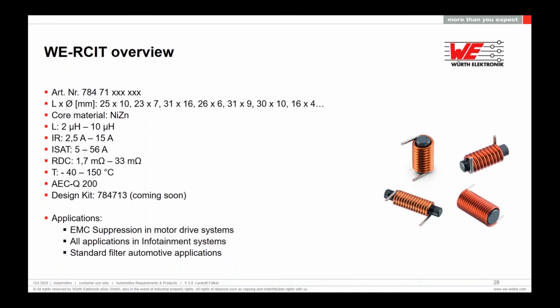The dinosaur of the automotive components was this rod core through-hole technology. You will find them very often in many different applications. I counted last time in an electronic seat 62 pieces of those in one seat. It was crazy to see that each DC motor has two pieces of them, and a lot of components of them are mounted because they are very low cost and very effective if you place them exactly where you need.